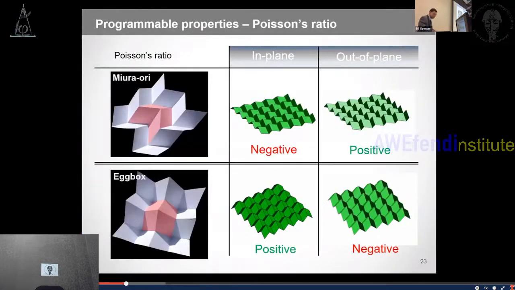Okay, and then now coming back, we are going to concentrate in this lecture mainly in these two patterns that I just illustrated, the Miura and the egg box.